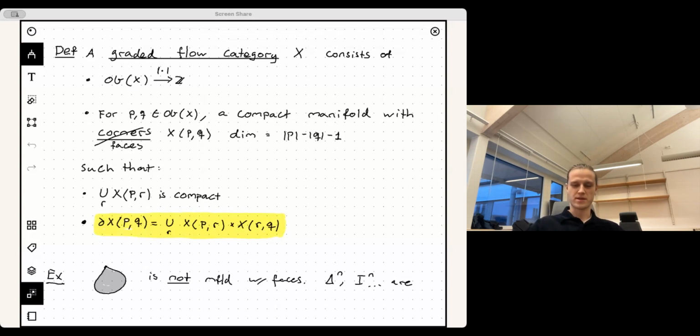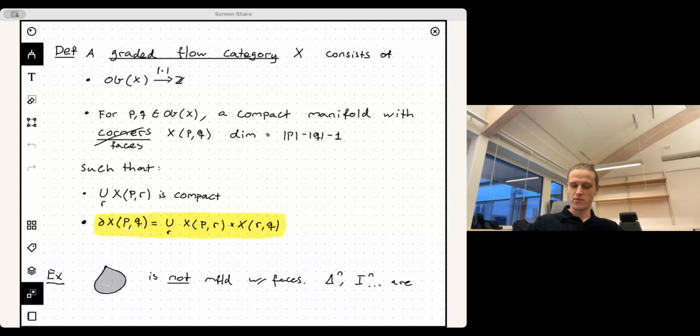So a graded flow category is something which has some objects, a set of objects. And this set of objects has a grading function on it. I'll denote that with this absolute value. And for each pair of objects, we should specify a compact manifold with corners, X_pq, with dimension given by some of these gradings.